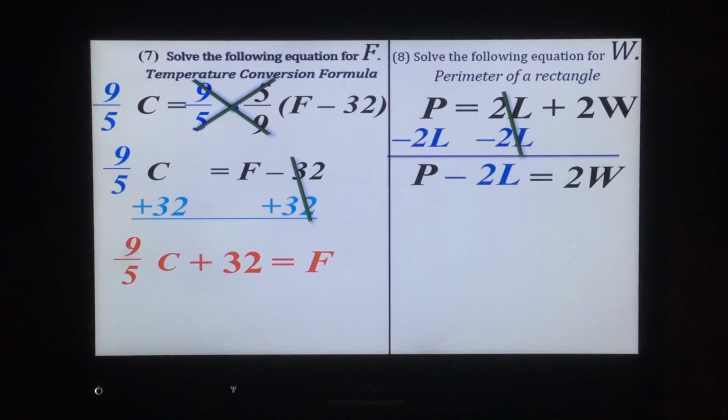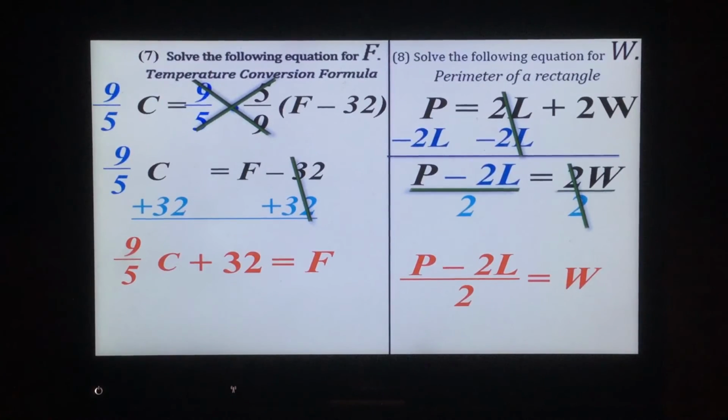Now W is not by itself yet because we have to get rid of that 2. We're going to divide both sides by 2 so that the 2's cancel, and then we get W equals (P minus 2L) over 2. Now this formula can be used to find the width if you knew the length and the perimeter of a rectangle. Okay?